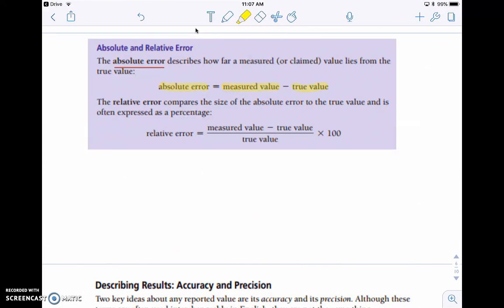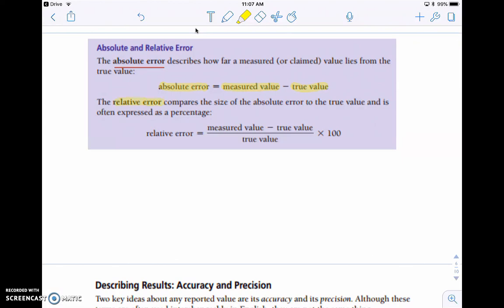So if in truth you weigh 165 pounds, but the scale shows 163, then you're going to be off by 2 pounds there. And so that would be -2, you're 2 pounds below. So that would be the absolute error.